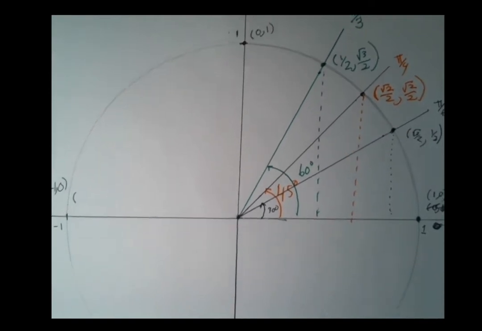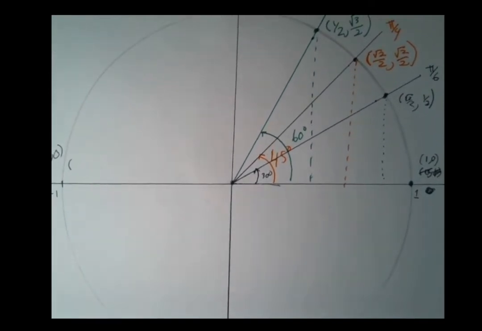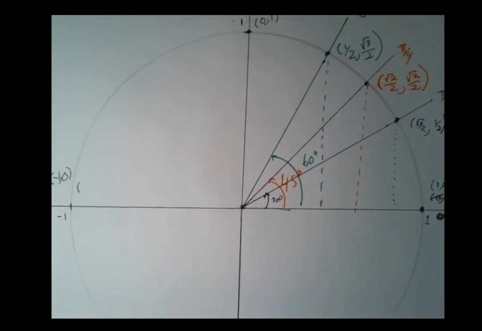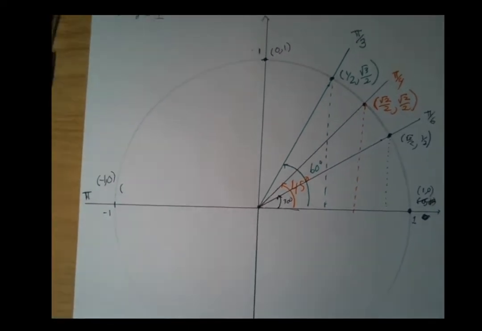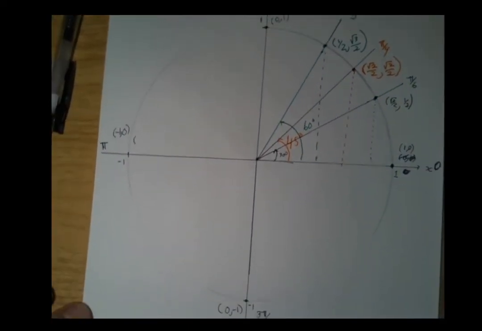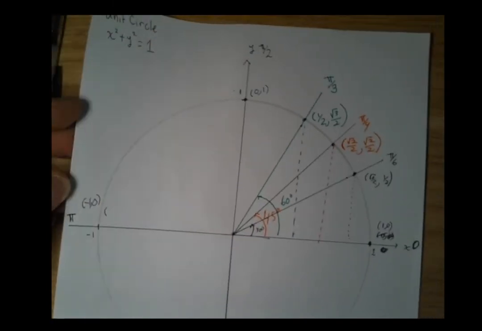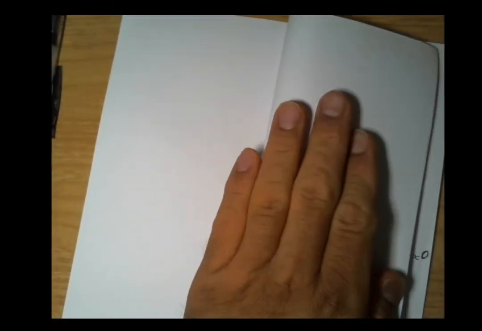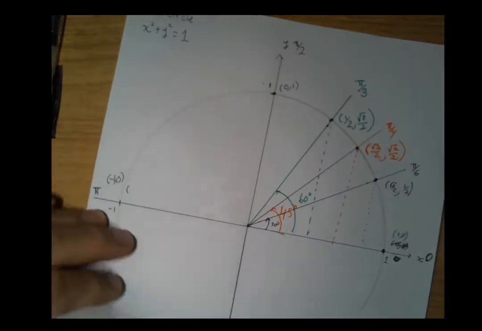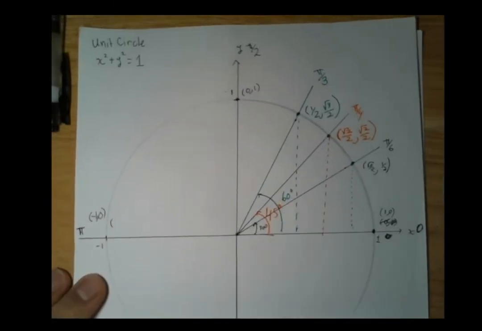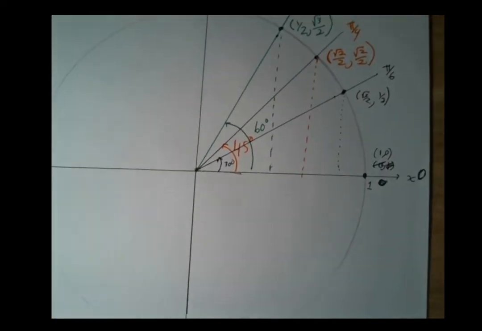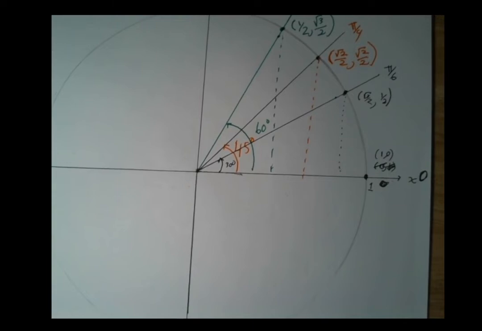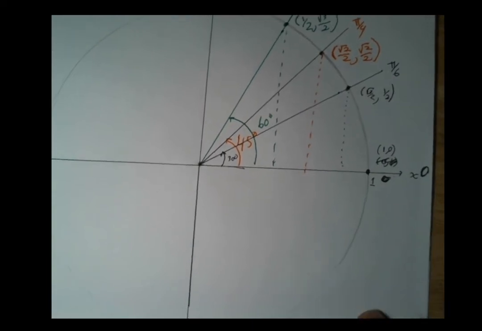If I fold the unit circle along either the x or the y-axis, it's like a mirror image along that axis. That's helpful because now I know other points on this unit circle.